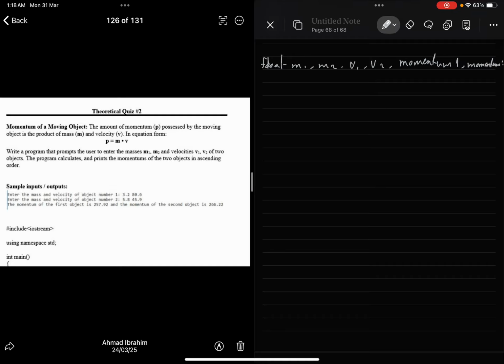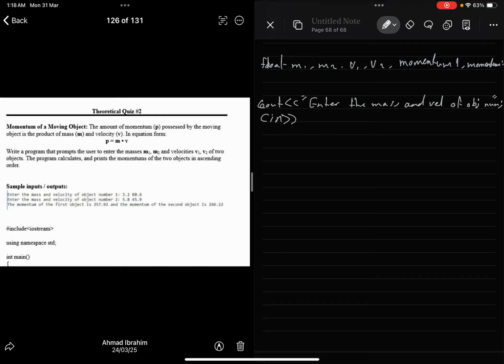and momentum 2. After that we have to ask, so cout, enter the mass and velocity of object number.